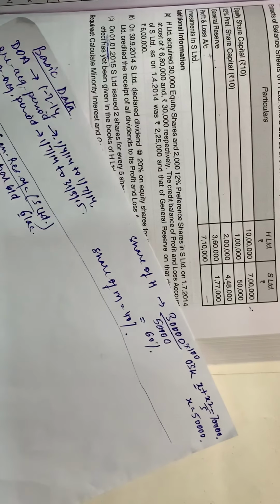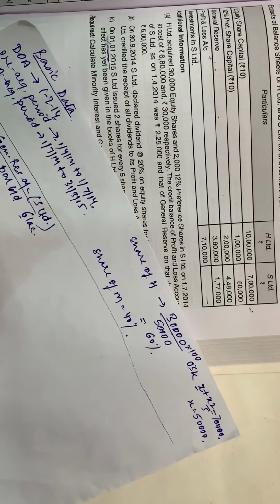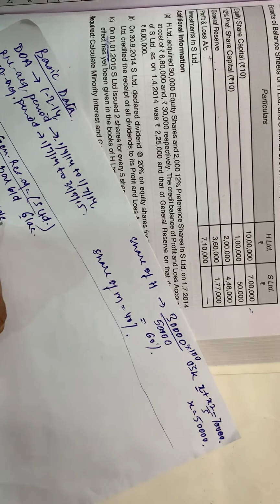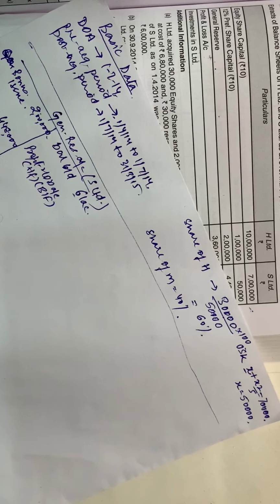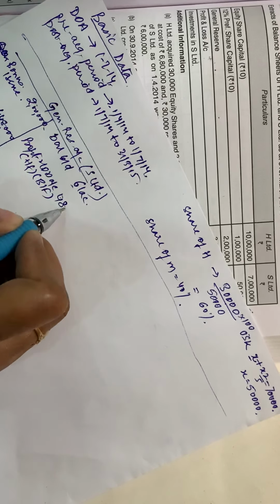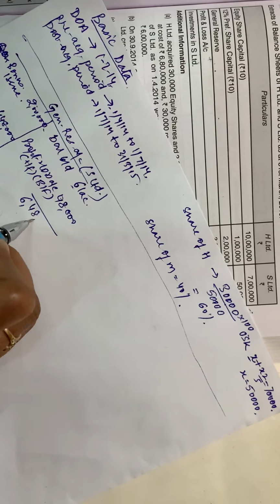And now the rest can be the profit and loss account transfer, which is over here as the balancing figure. And the balancing figure is coming out to be, as you can see, 48,000. So 6,48,000 is your total.